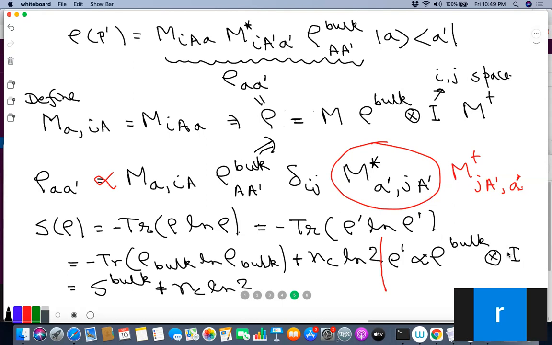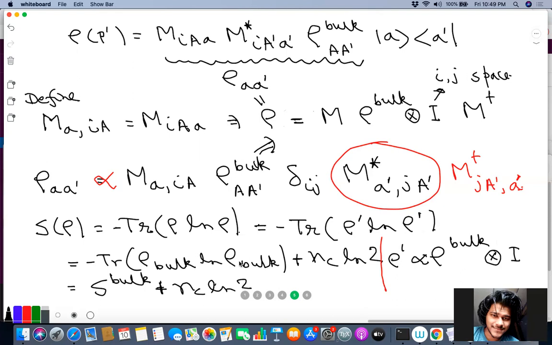Yes, exactly, log of 1 over R, 1 over 2 to the N_C. Each entry is 1 over 2 to the N_C. When you calculate this trace, you get 2 to the N_C entries, and each entry is 1 over 2 to the N_C. So you get 1 over 2 to the N_C times log of 1 over 2 to the N_C. That's where this is coming from.